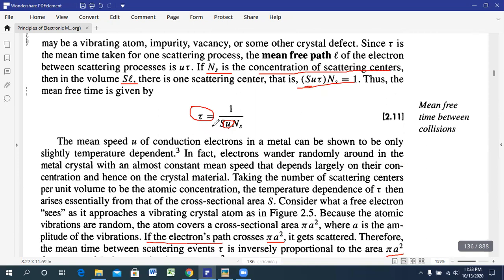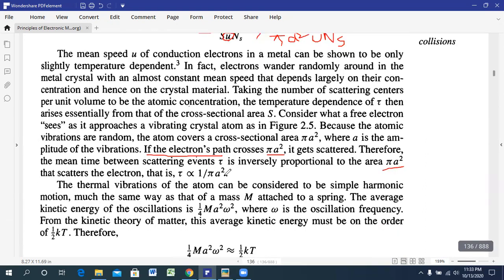So we can write tau equals 1 divided by, in place of S we write pi a square, then U n_s. So tau is inversely proportional to pi a square.